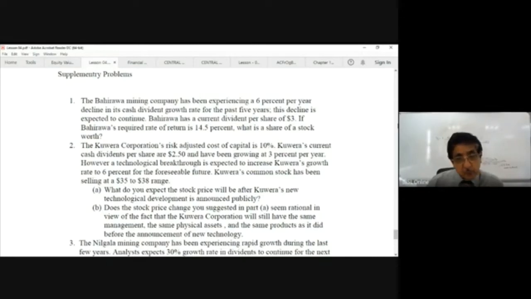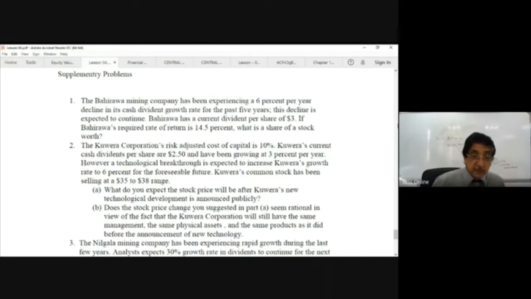First of all, you gather what the question said, then you need to see how you can apply the information available in the question. Quaker Corporation's risk-adjusted cost of capital is 10%, whereas current cash dividends per share 250.